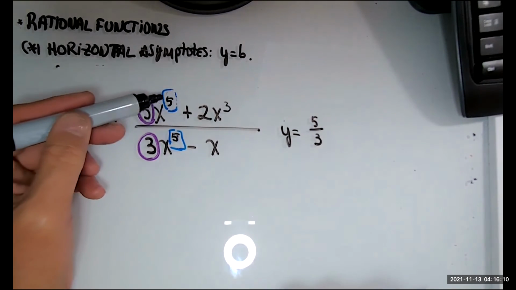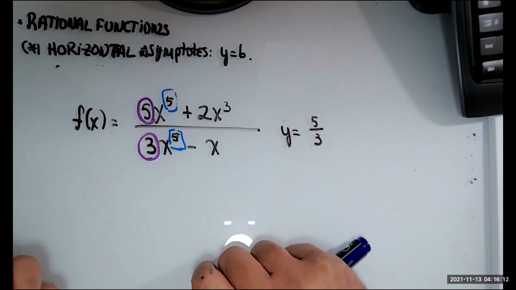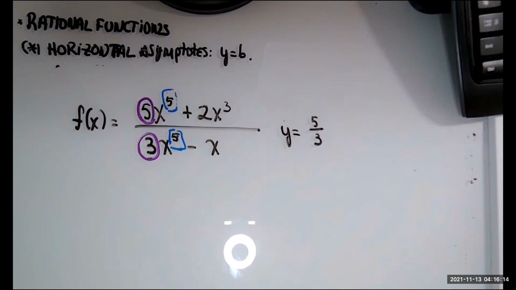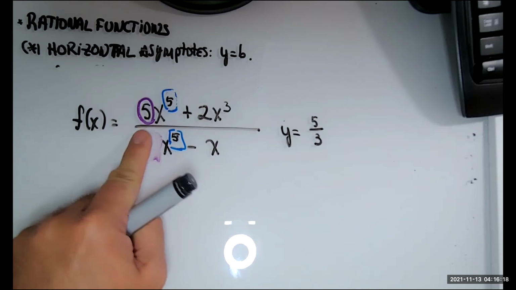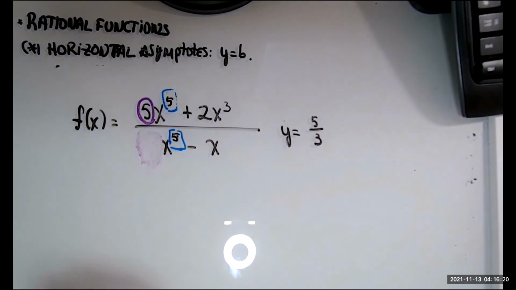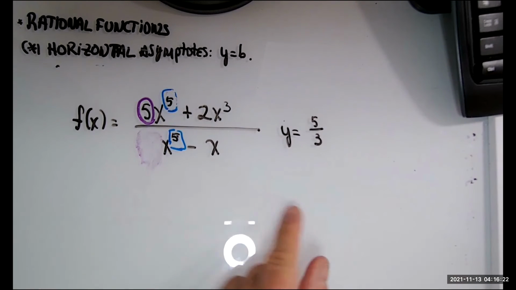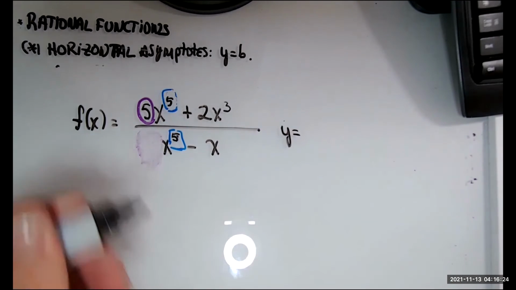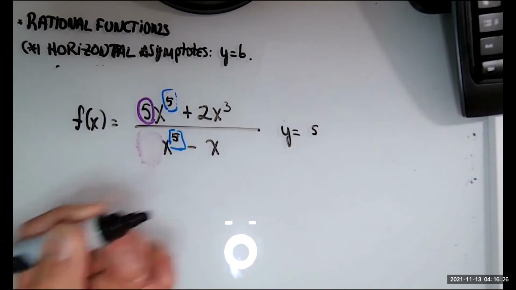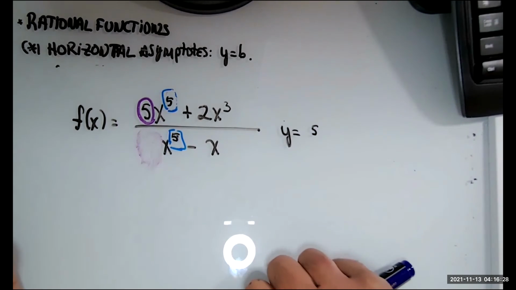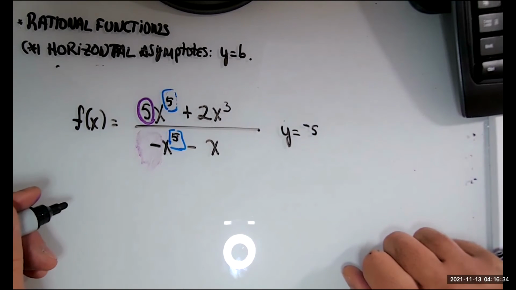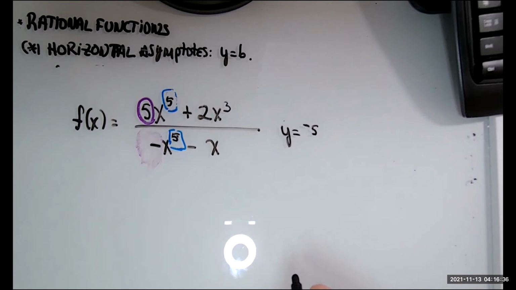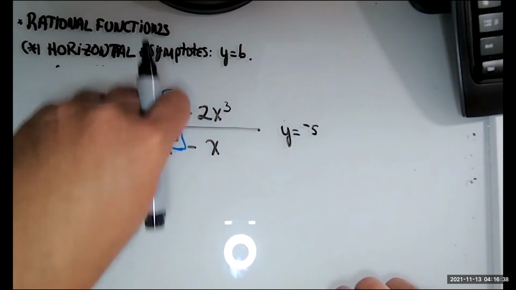Because the degrees are the same, so we look at the lead coefficients. If the denominator's lead coefficient was like that, the horizontal asymptote would be 5/1, which is just 5, because there's an invisible 1 here. If I have a negative here, it will be y equals -5. As simple as that.